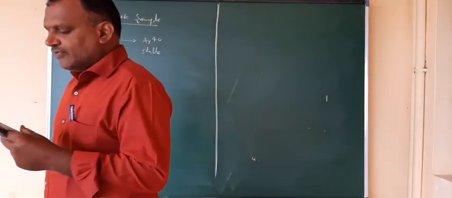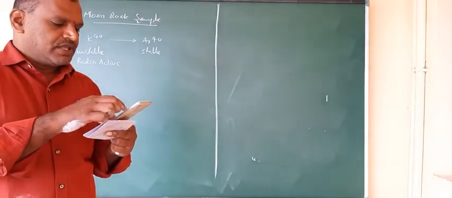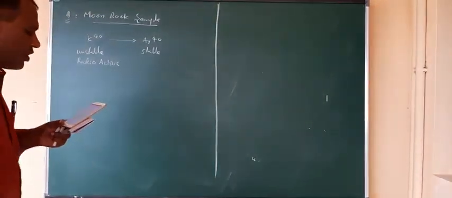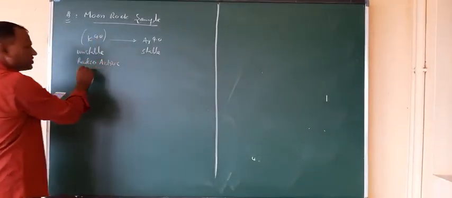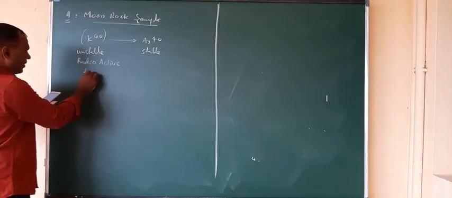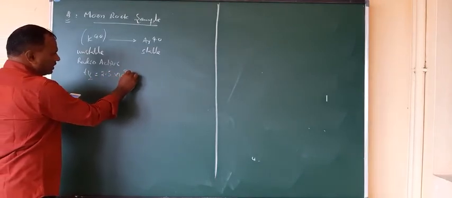With a half-life of 2.5 into 10 power 9 years, you have to calculate the age of the rock. The half-life time period for the unstable radioactive potassium is given as 2.5 into 10 power 9 years.